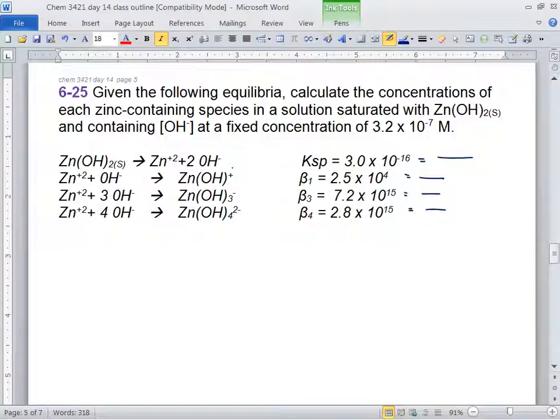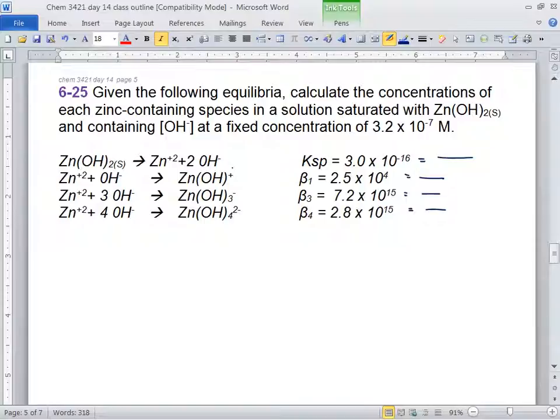Because, you hear Kimberly what she said? If you start with the KSP, you can get what the Zn is equal to. Can you see it? Right? If you write the KSP expression, the only 2 unknowns in there are zinc and hydroxide.